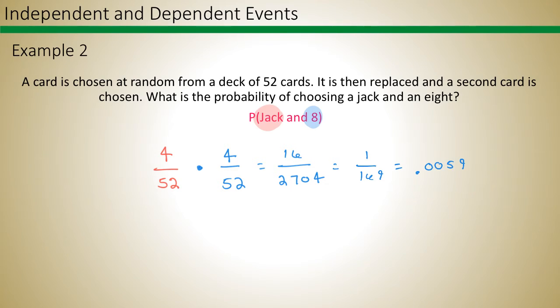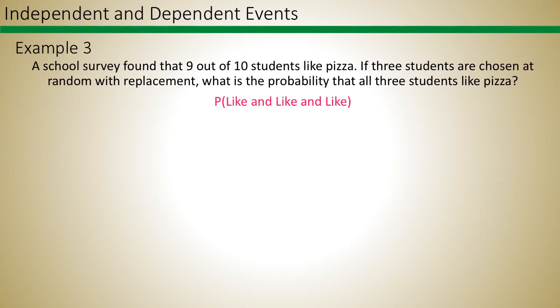Or if we wanted a percentage here, this would be 0.59%. Okay, so this is not very likely to happen. If we look at these odds here, out of 169 tries, we only expect this to happen 1 time, or it's less than 1% of the time that that's going to happen.